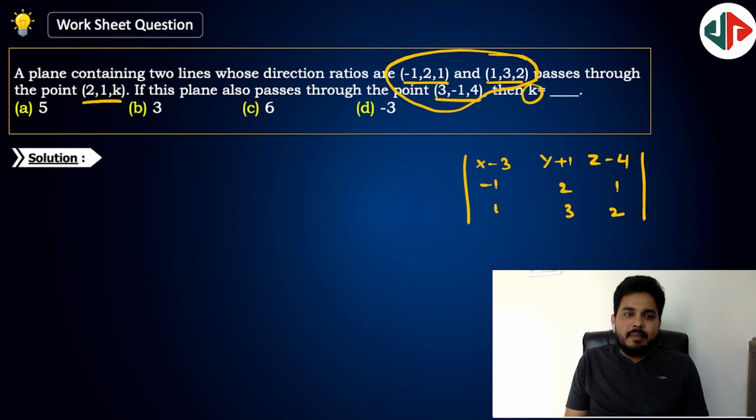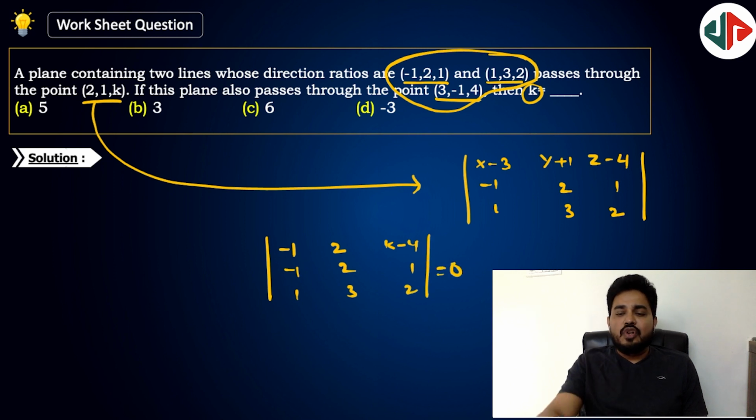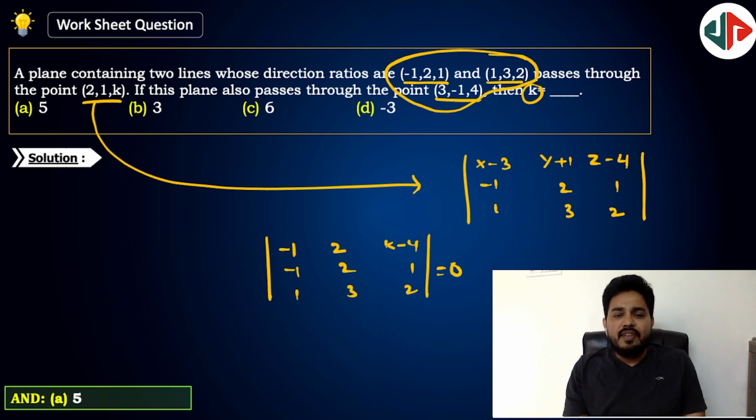Now this plane is passing through this point. You substitute here 2, minus 1, 2 and k minus 4, minus 1, 2, 1, 1, 3, 2, which must be equal to 0. You solve this equation to get the value of k.